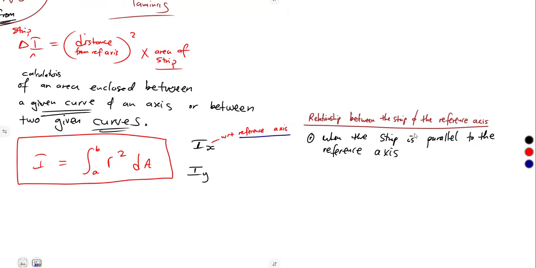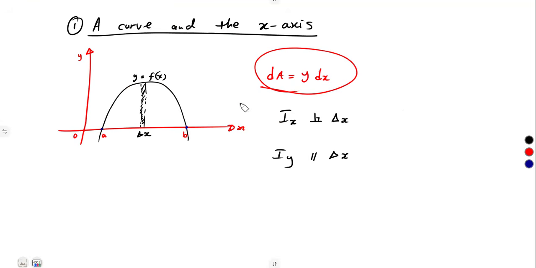We want to see that from the diagram, from this example, where it is parallel, like the strip delta x, and this y-axis, they are parallel to each other. So when that condition happens, our r is taken as equal to x.